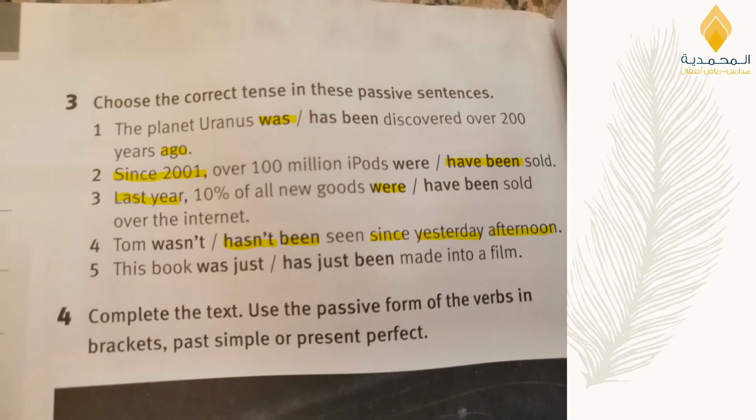This book was just or has just been made into a film. Where's the keyword? Yes, it's just. So, just, do we use it with the present perfect or with the past simple? Yes, the correct answer would be has just been made.